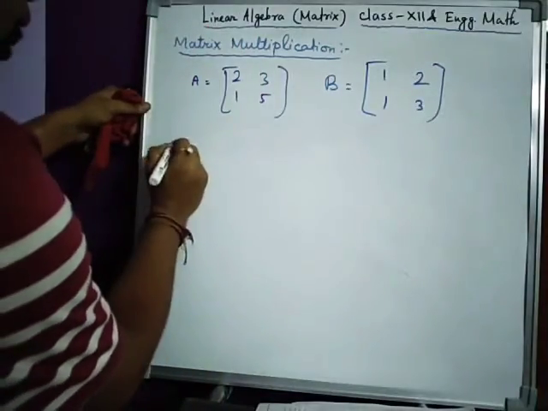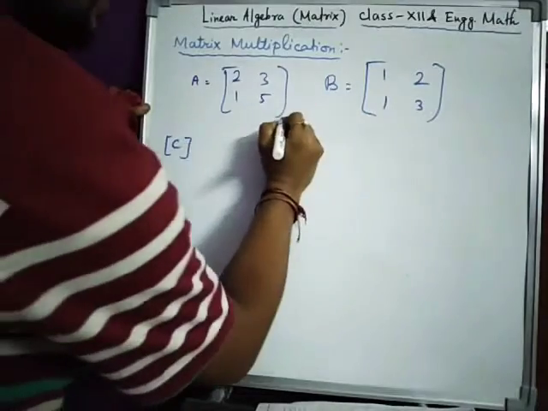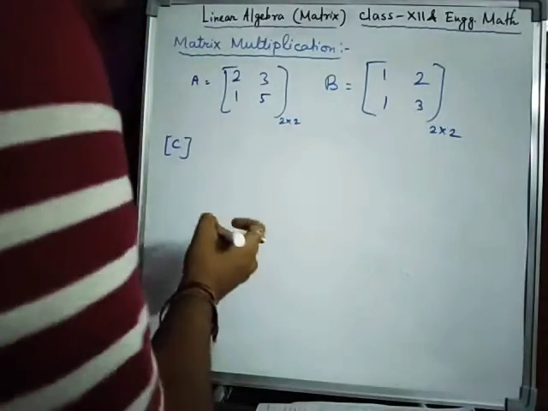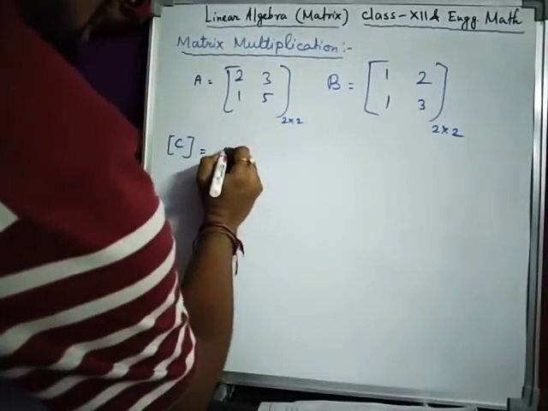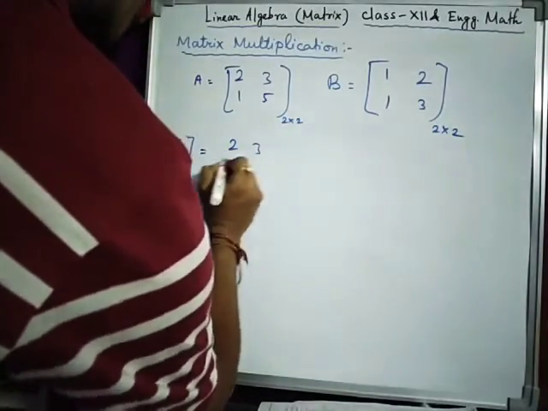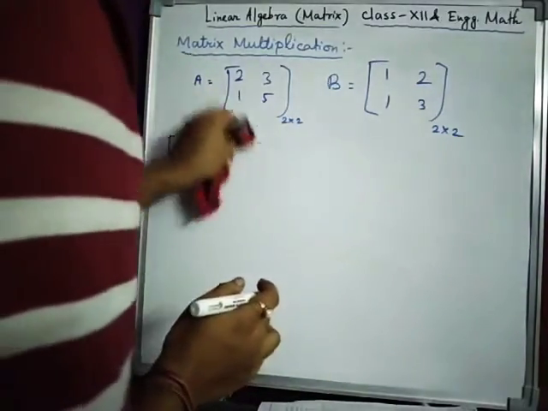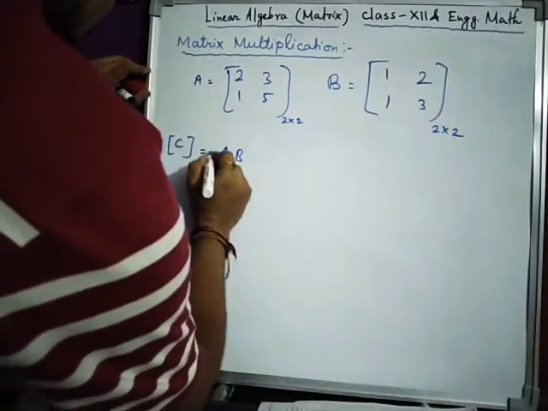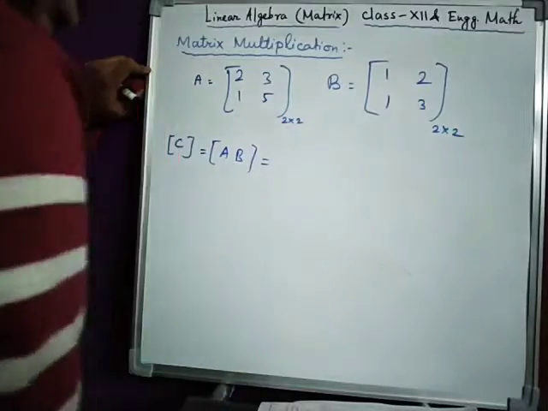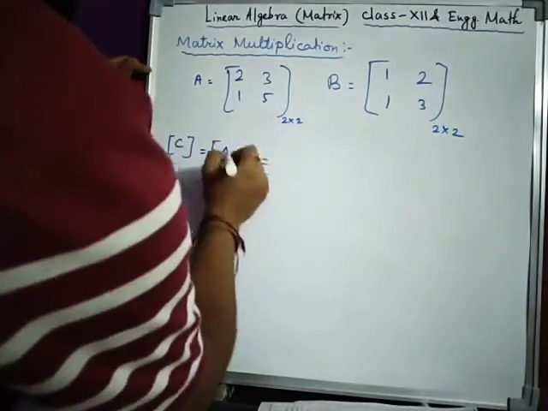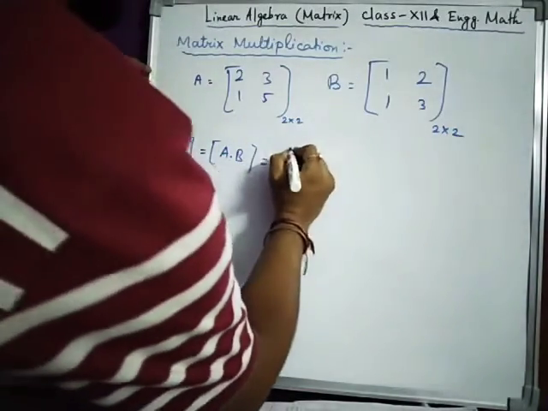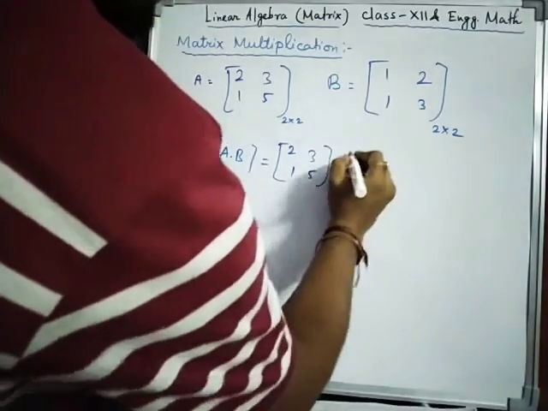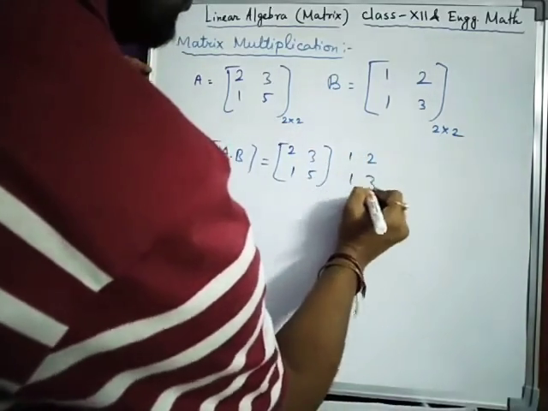This is a 2 cross 2 matrix and this is also a 2 cross 2 matrix. Now how to multiply two matrices? Suppose I want to form another matrix C by multiplying these two: C is AB, nothing but A into B. So write down first 2 3 1 5 and 1 2 1 3.